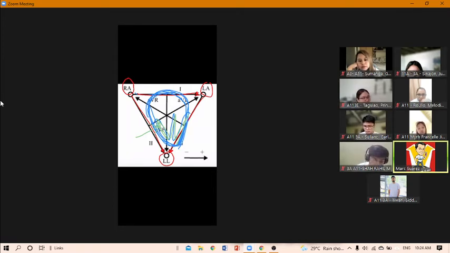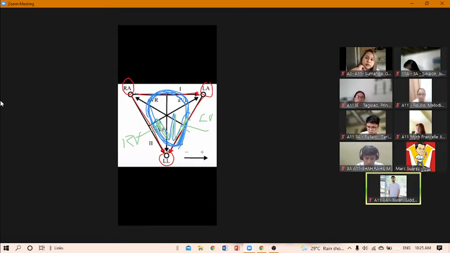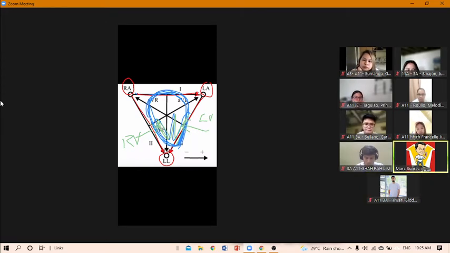For the purposes of this discussion, this is just a schematic representation of the heart. This being the left ventricle and this being the right ventricle. Okay, follow? Then this is the right atrium, then the atrial septum and the left atrium.